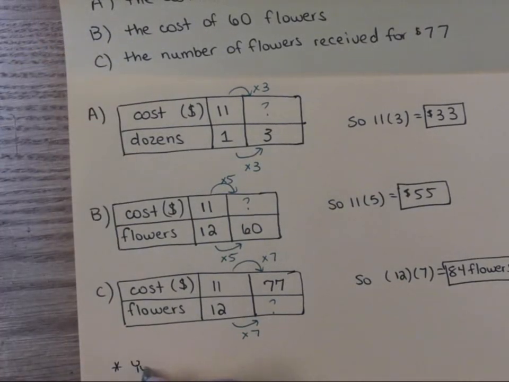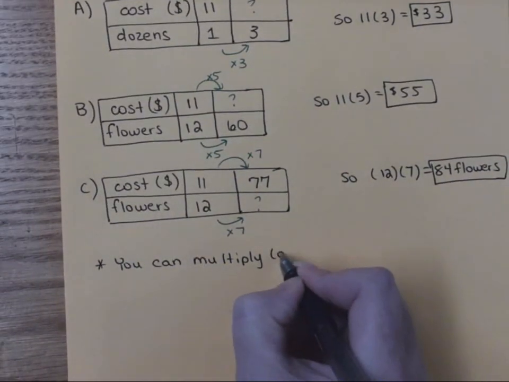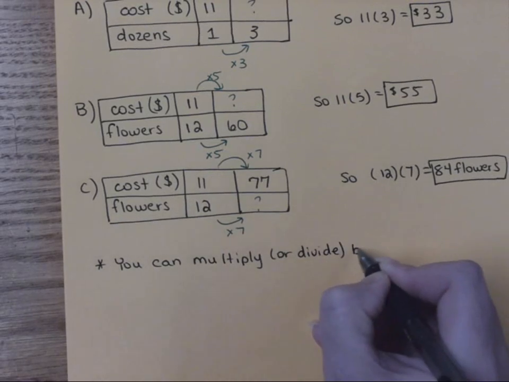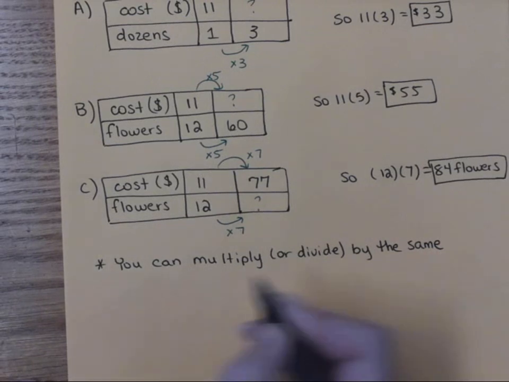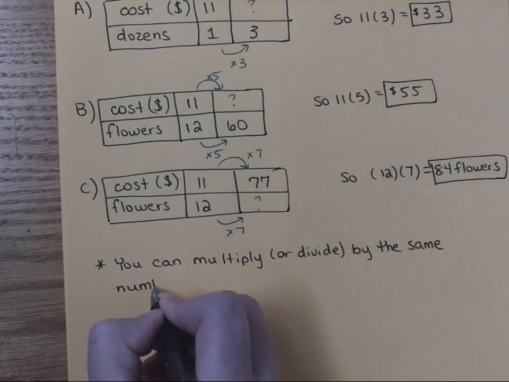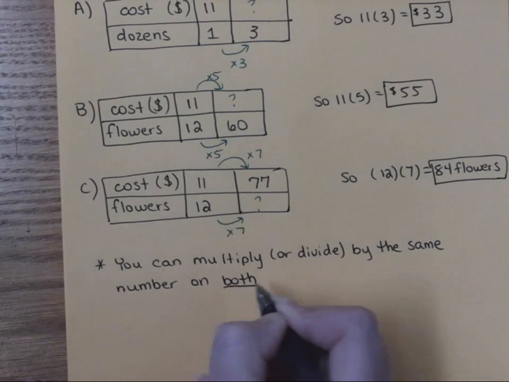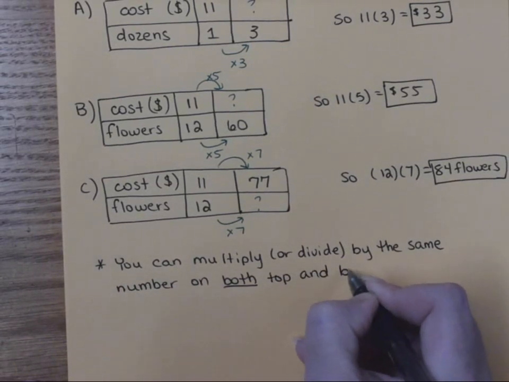So what we've really been doing here, although it's not been in fraction form, we've been using this rule. You're allowed to multiply or divide, for that matter, by the same number on both the top and the bottom of a fraction. Okay, we learned that in our fraction unit, right?